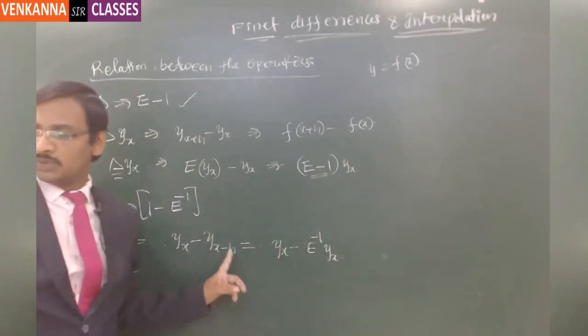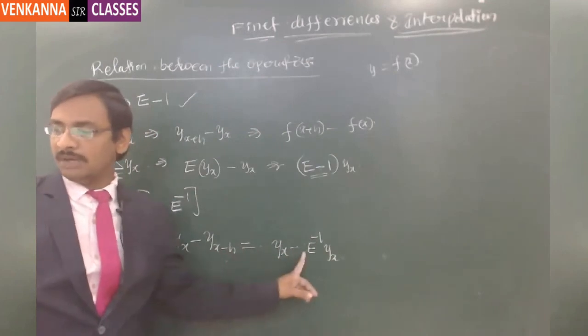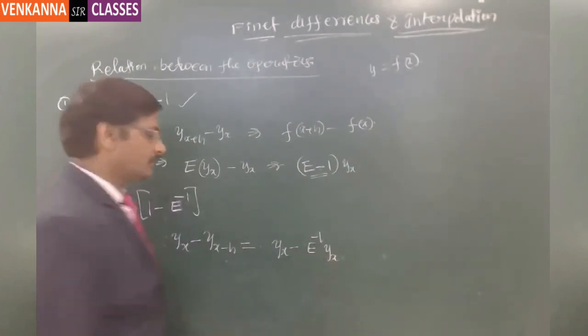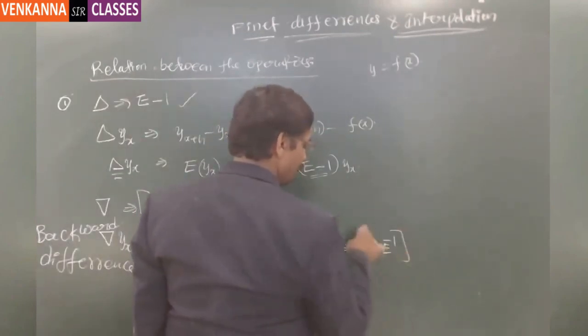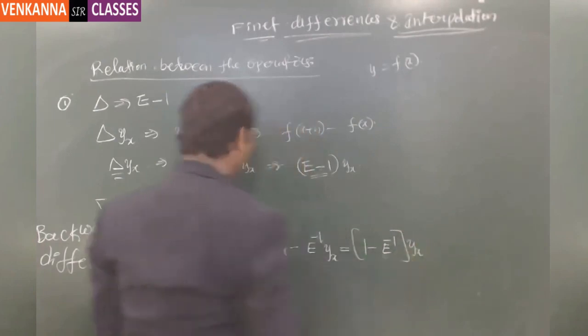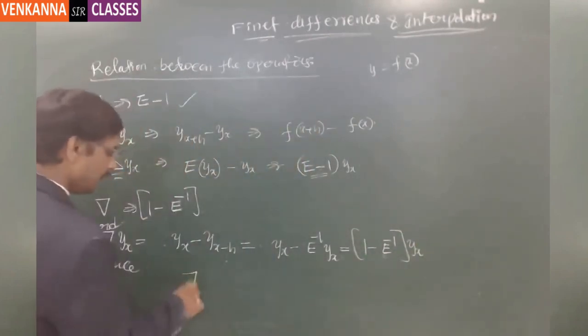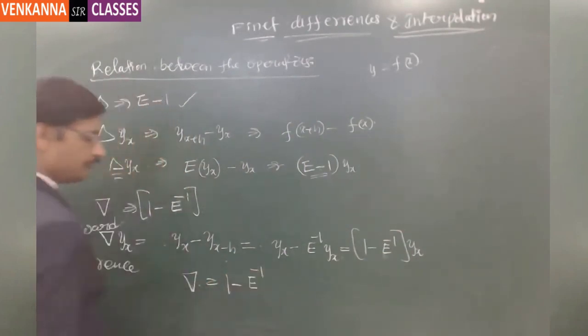So this is minus 1 into h getting shifted. Hence, y(x minus h) can be treated as E power minus 1 of y(x), which essentially means 1 minus E power minus 1 operated on y(x). So the operator inverse delta can be treated as 1 minus E power minus 1.